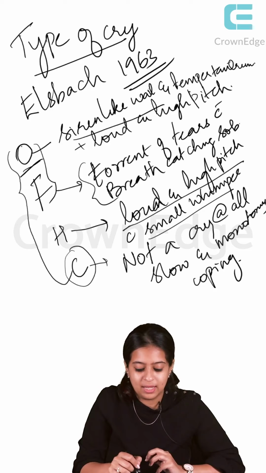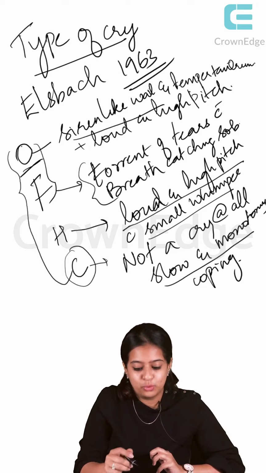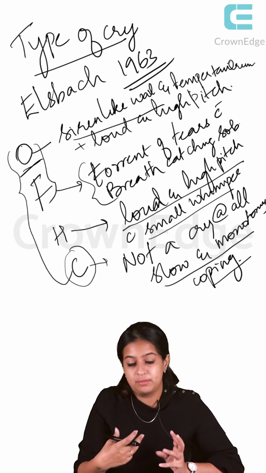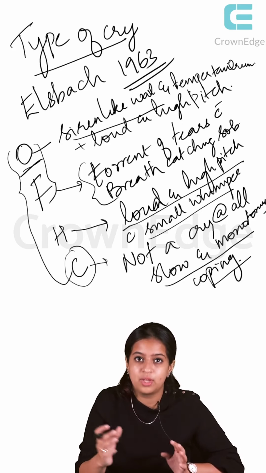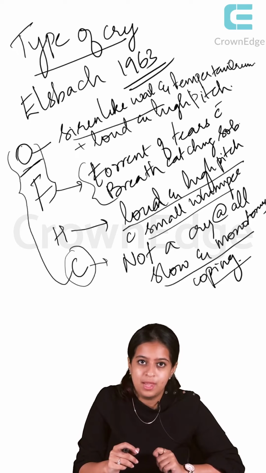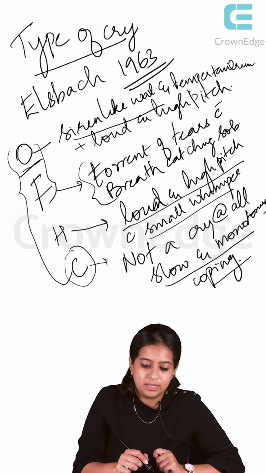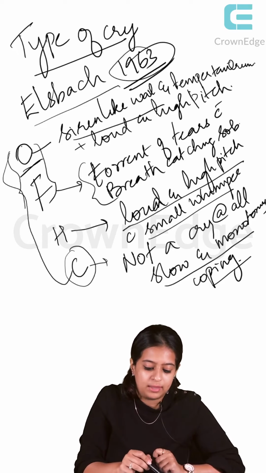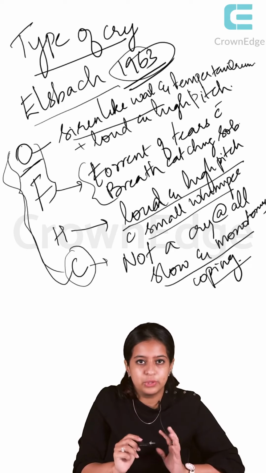It's not exactly a cry. They have a slow and monotone voice, and it's a coping mechanism, so that the voice is loud enough to compensate for the noise of the handpiece. So remember the types of cry, who gave it, what year they gave it, and the types of cry. Each has certain characteristics which make it easy for you to answer.